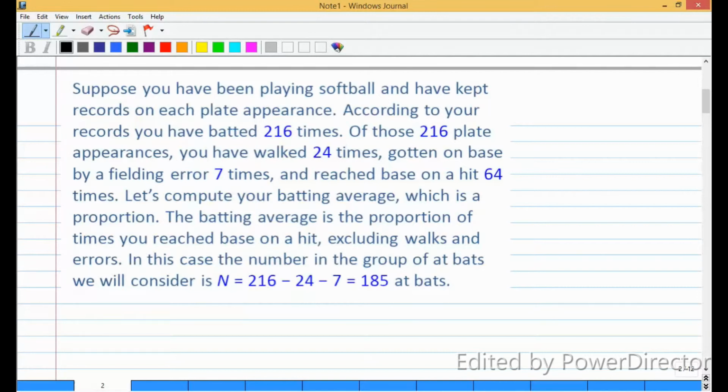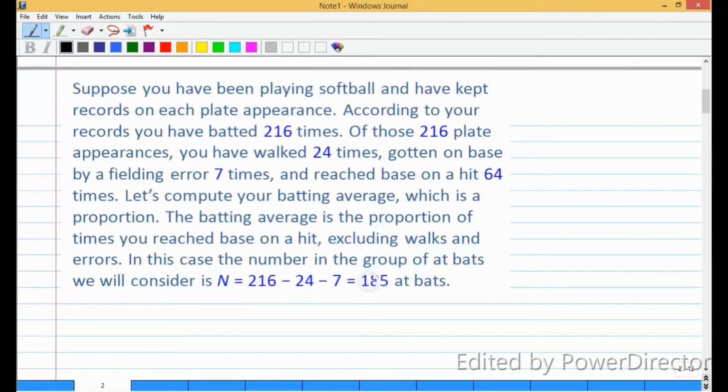Let's compute your batting average, which is a proportion. The batting average is the proportion of times you reached base on a hit, excluding walks and errors. In this case, the number in the group of at-bats we will consider is 216 minus the walks, minus the errors.